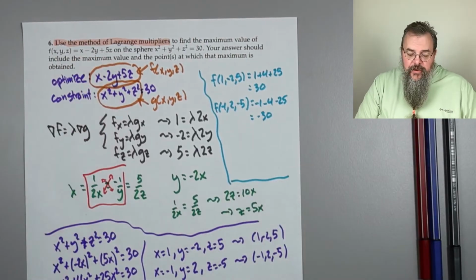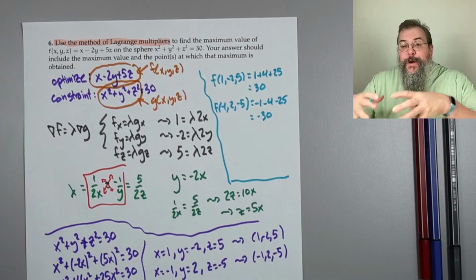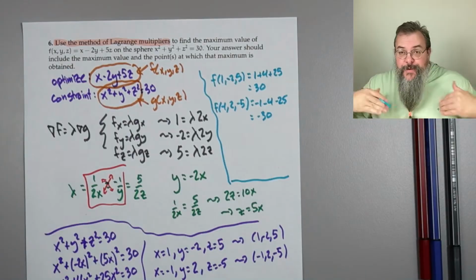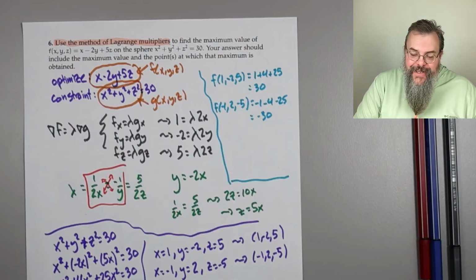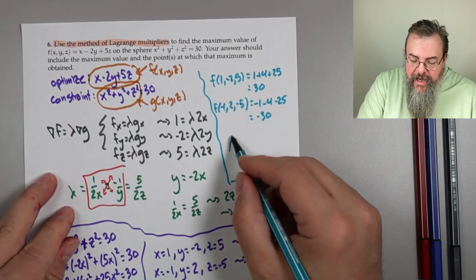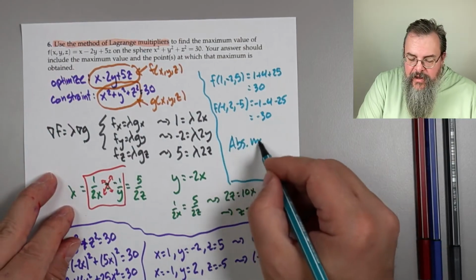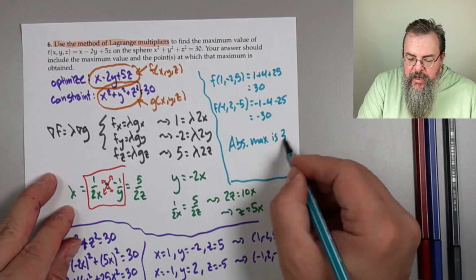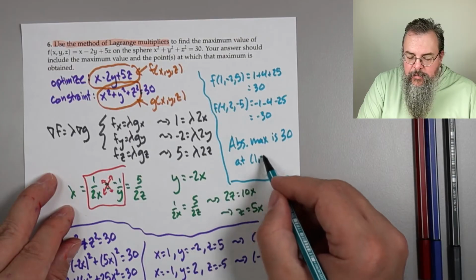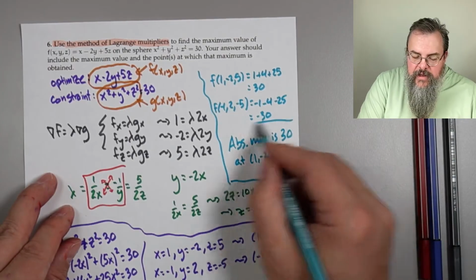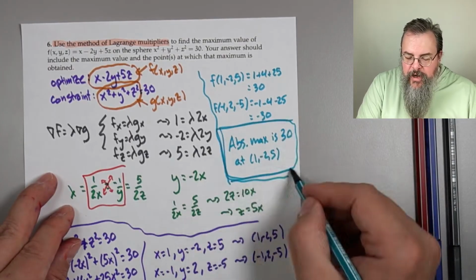And we look at that and say, okay, we had our list, we plugged them in, and which one's the biggest one on the list? 30 is bigger than minus 30. So, the absolute max is 30 at our point (1, -2, 5), and that's the answer to that problem.